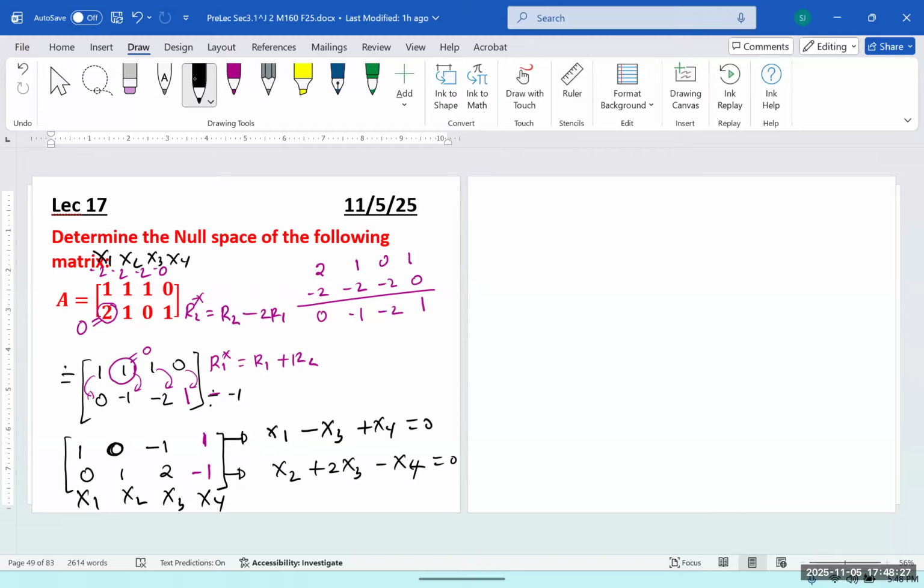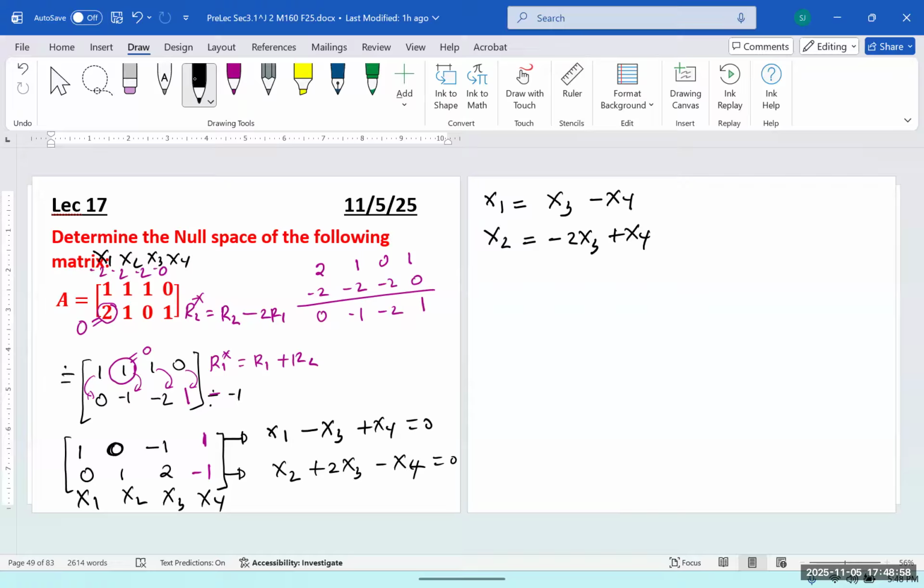So let's write down the solution in a matrix format. Our x1 is, if you bring the x3 and x4 to the other side, we get positive x3, negative x4. And our x2 is negative 2x3 and positive x4. Right?